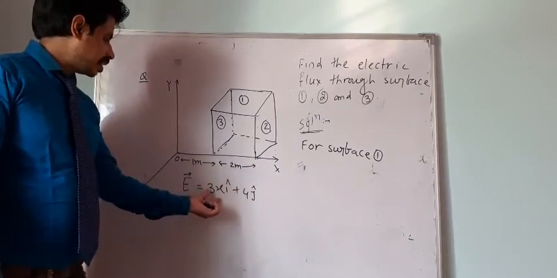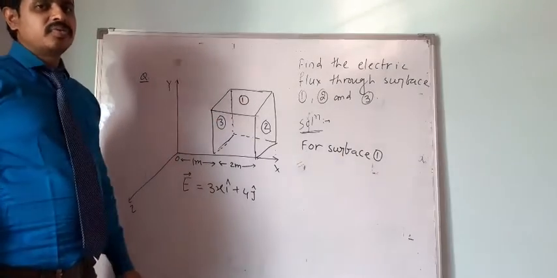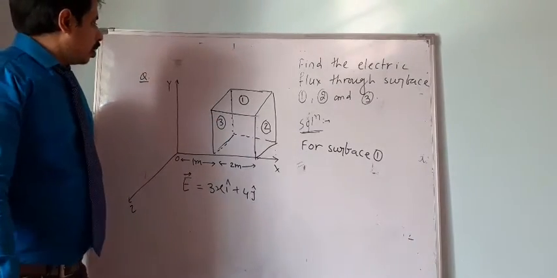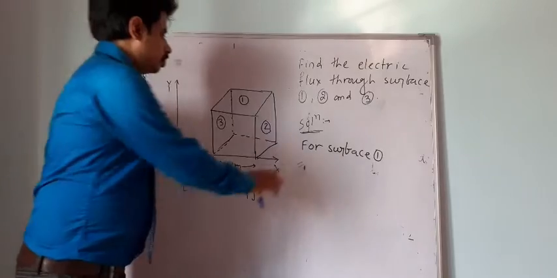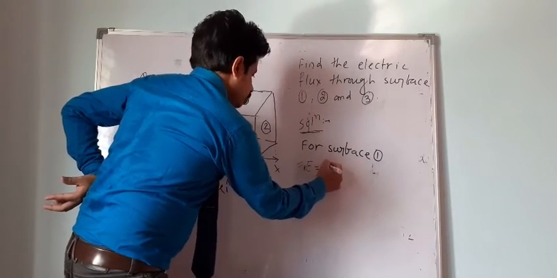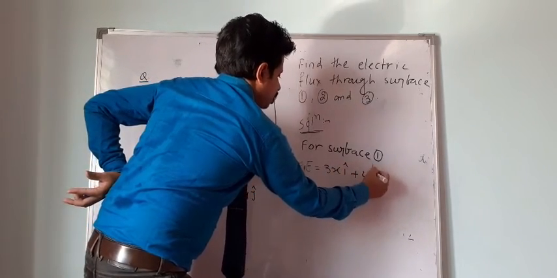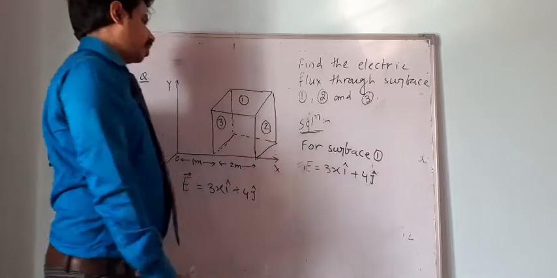So the x component of field is variable and y component is fixed. So simply I am writing E is equal to 3x i cap plus 4 j cap.